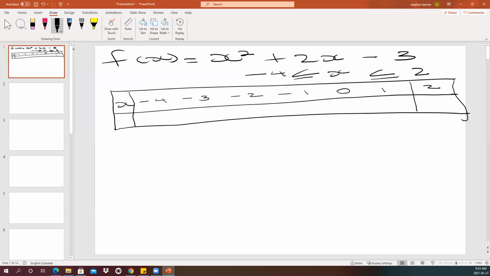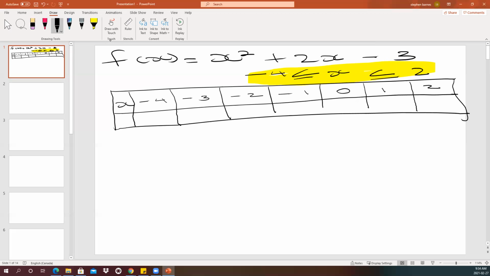So those are the x values that we got here in our domain. That's what I just put at the top right there.